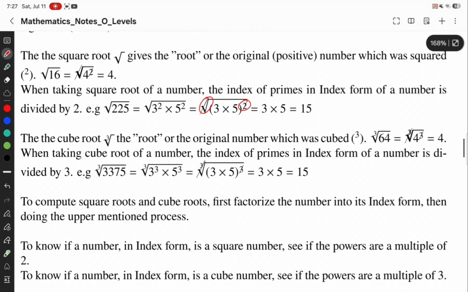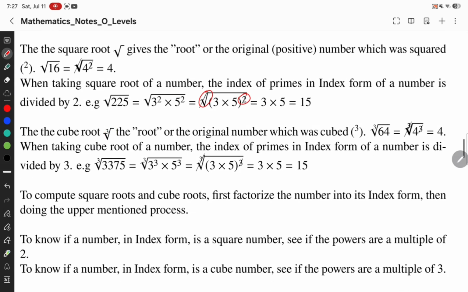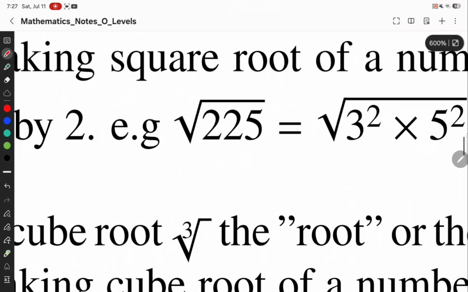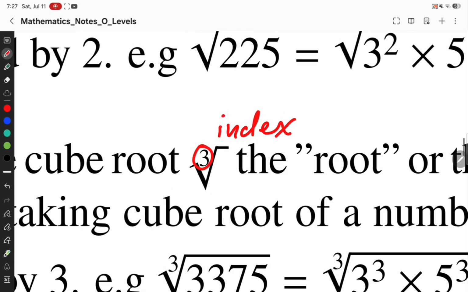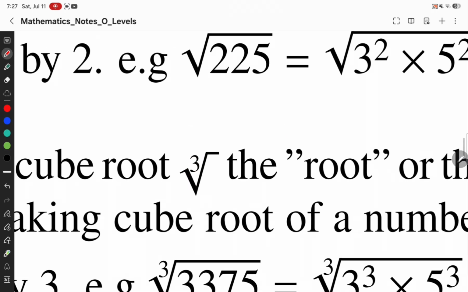A cube root, which is by this, a radical with index 3. This is called the index. Or like in my previous videos, the metric video, the radicand. Who on earth calls it a radicand? Let's call it a cube root.